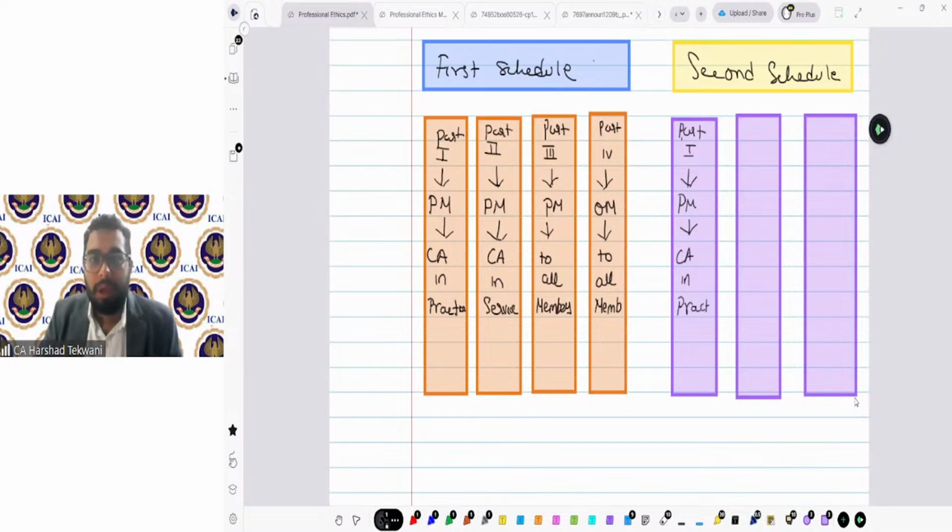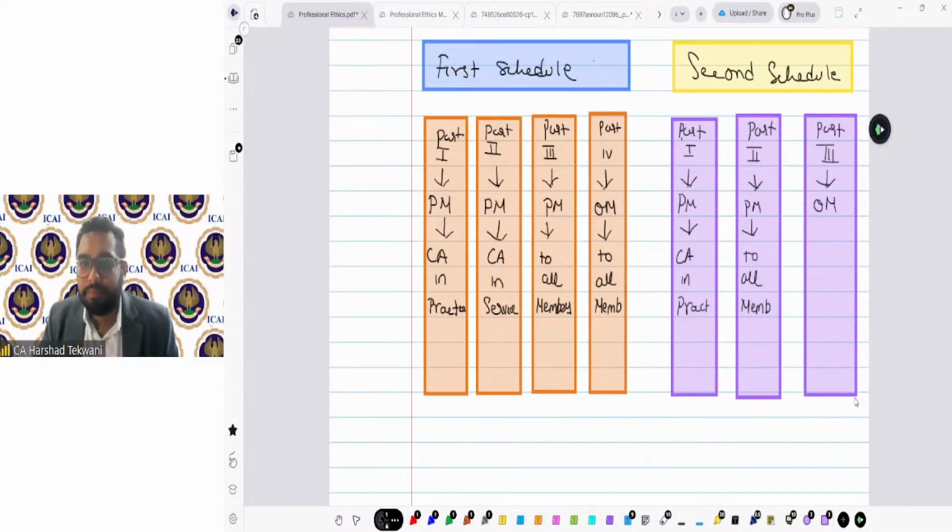Second part deals with, again, professional misconduct, but this deals with all members. Part 3 is other misconduct, which is applicable to all members.